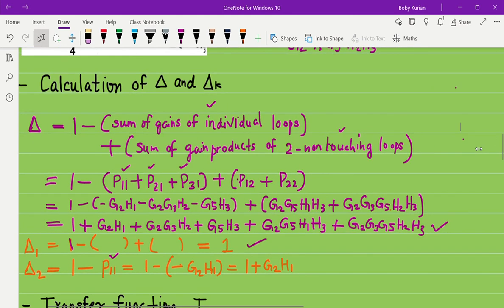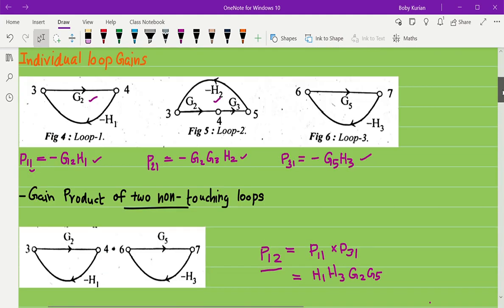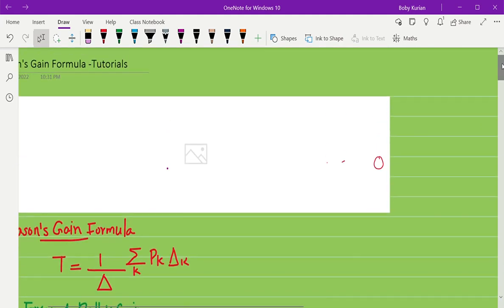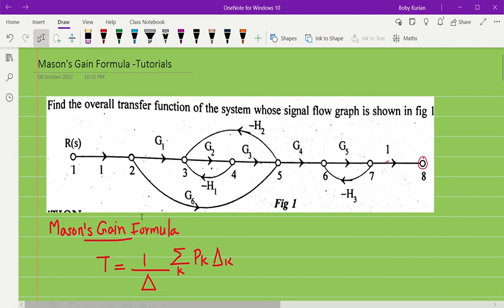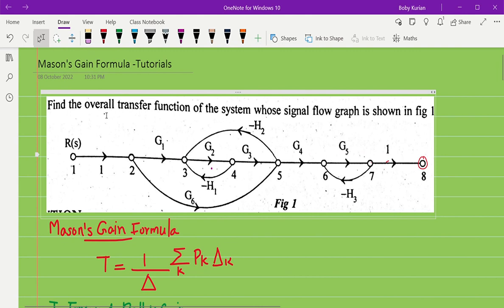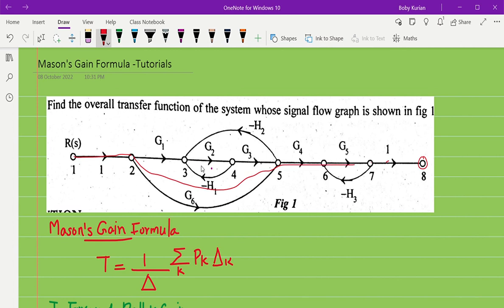Just look at the diagram, you can see the first loop is not touching it. So we are thinking of the second forward path, this is the second forward path. Only this loop, which we consider as P11, is not touching the second forward path.